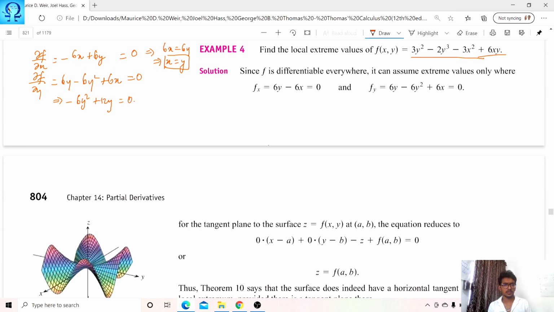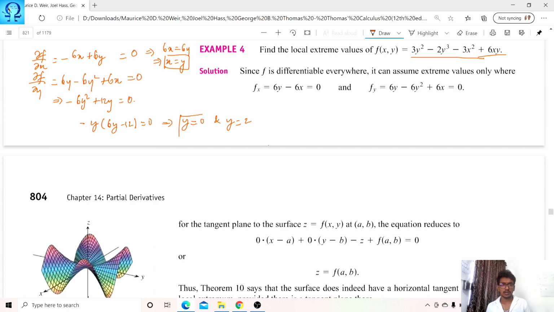And from this, of course, you can take y outside, or if you want you can take minus y outside. So it's going to be y times 6y minus 12 equals 0. So from this what you get is y is 0 and y is 2. These are the 2 values that we get out of these things.